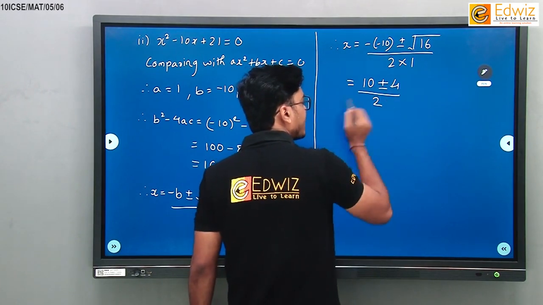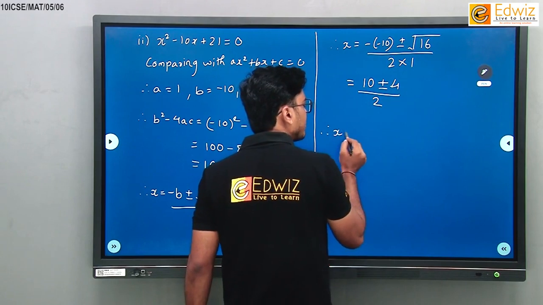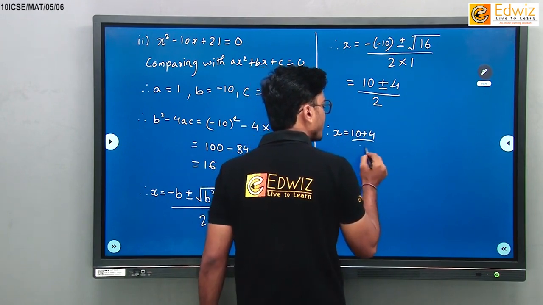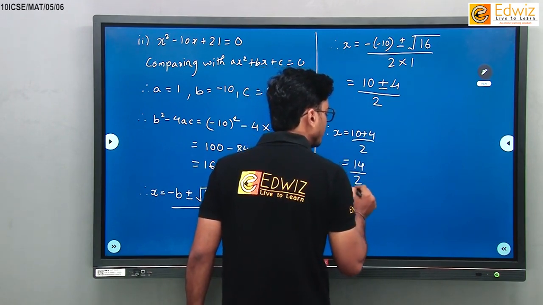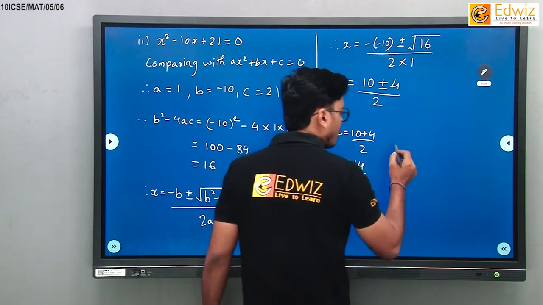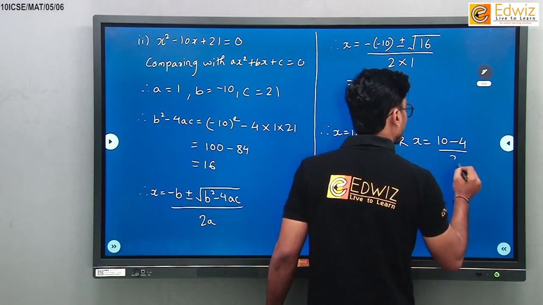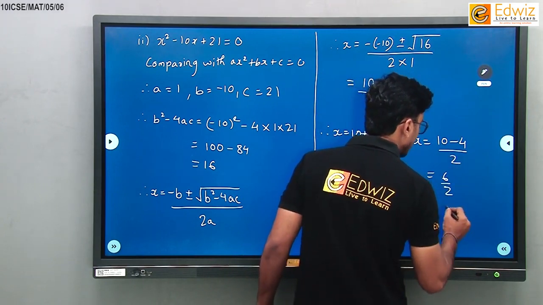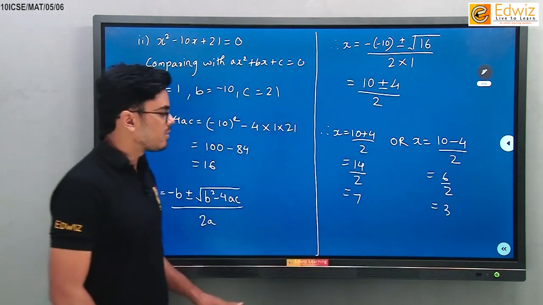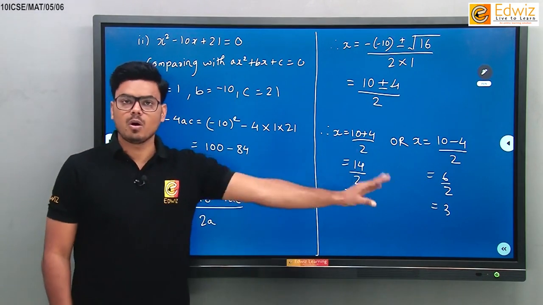So either plus 4 or minus 4, right? So x is equal to 10 plus 4 by 2, that is 14 by 2, that is 7, or x is equal to 10 minus 4 by 2, that is 6 by 2, that is 3. Okay, so the value of x is 7 or 3.